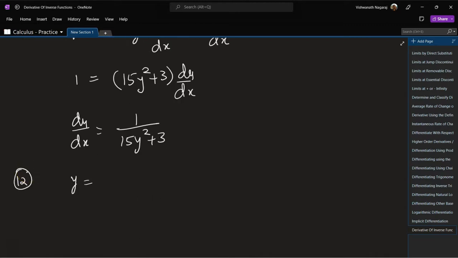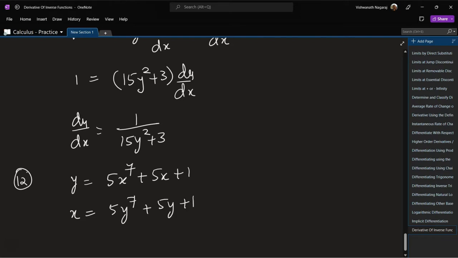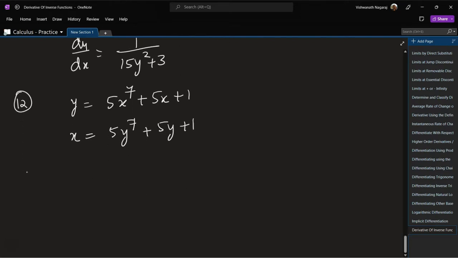y is equal to 5x to the power of 7 plus 5x plus 1. Inverse would be x is equal to 5y to the power of 7 plus 5y plus 1. So the derivative of this would be 1 is equal to 35y to the power of 6 dy by dx plus 5 dy by dx plus 0.